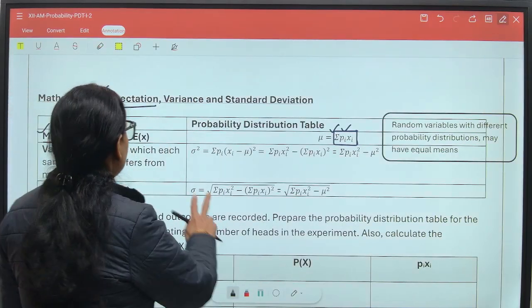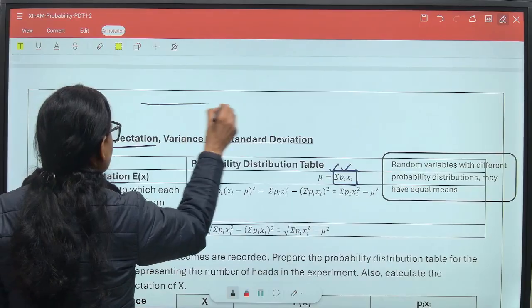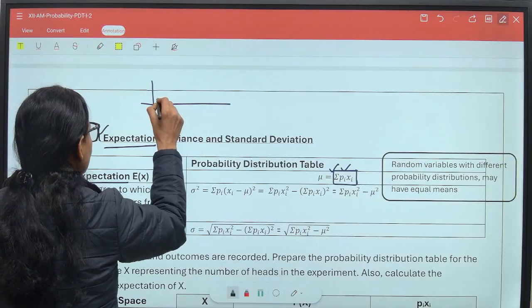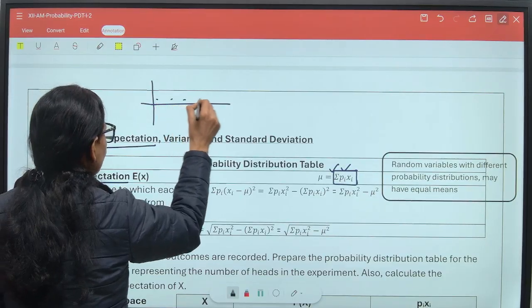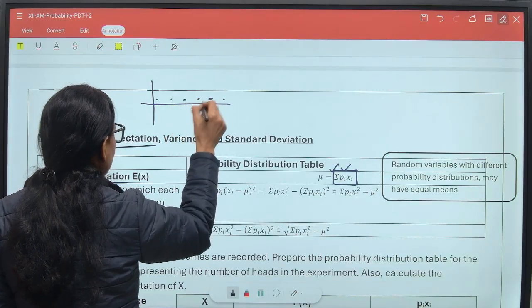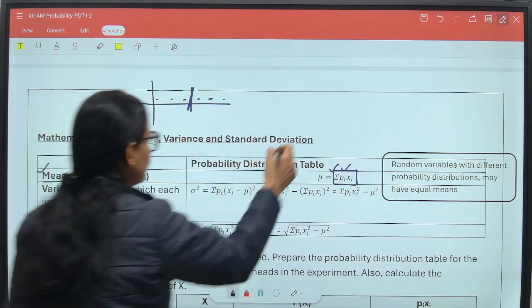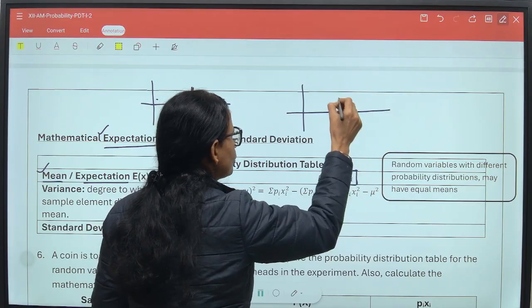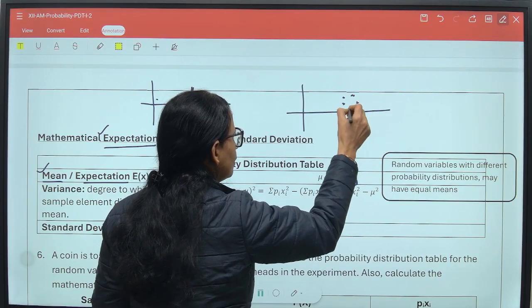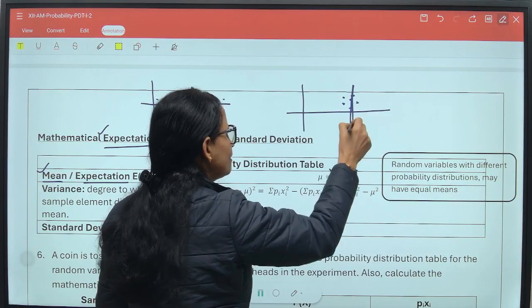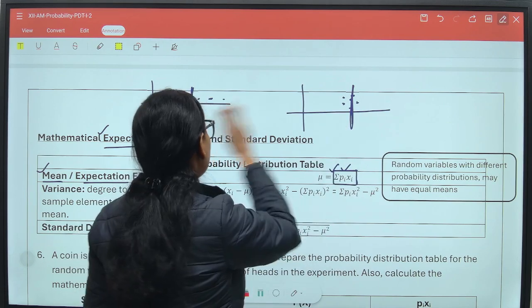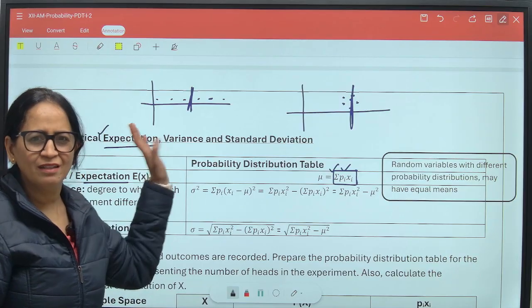Now, mean is not the only measure for any kind of distribution. For example, you have data points like this. Where is the mean? The mean might be somewhere here in the center. And if you have a distribution where all the data points are around the same point, the mean is again here. But mean does not tell you how scattered the data is.